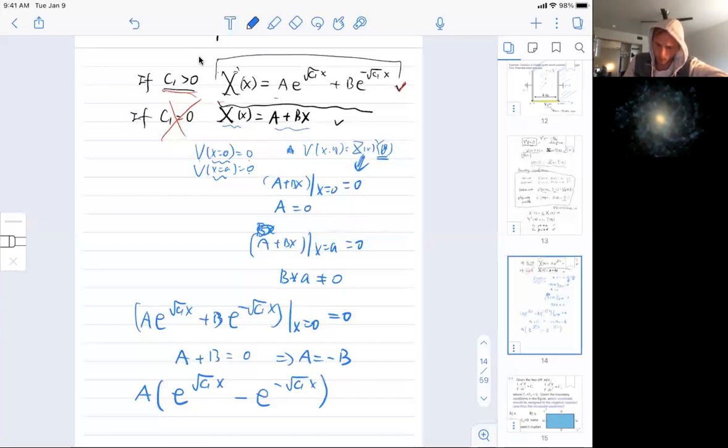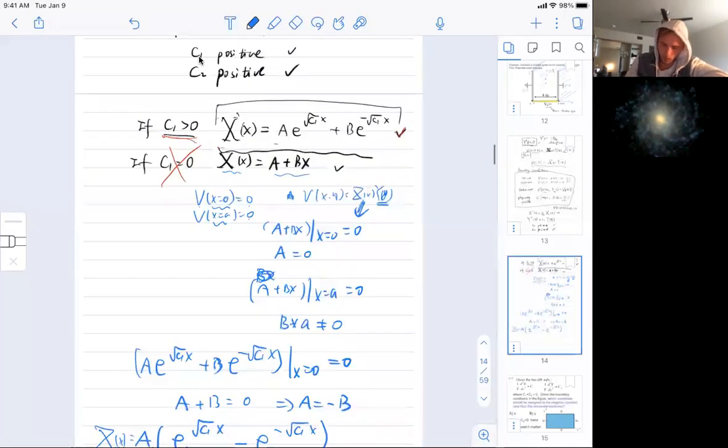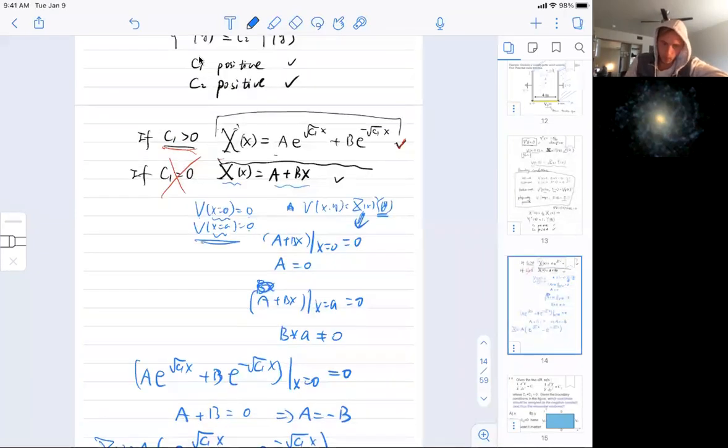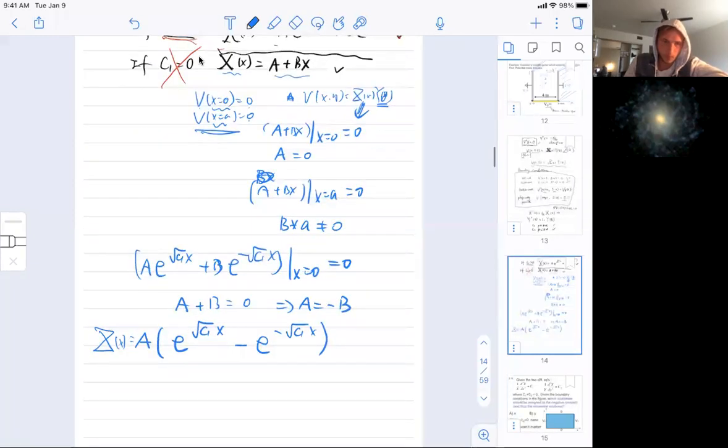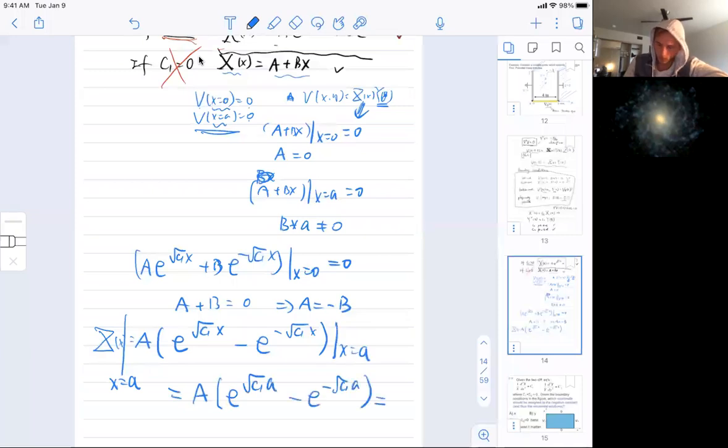Right, this function becomes like this, and it also needs to satisfy x equals a. At x equals a, this becomes a e^(c1a) minus e^(negative c1a). Is this 0?